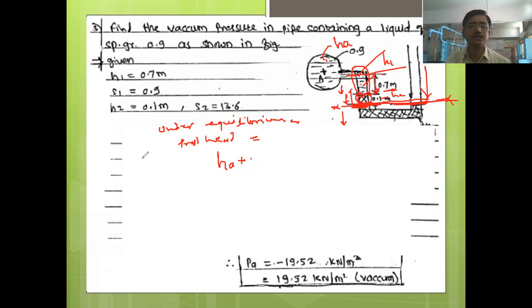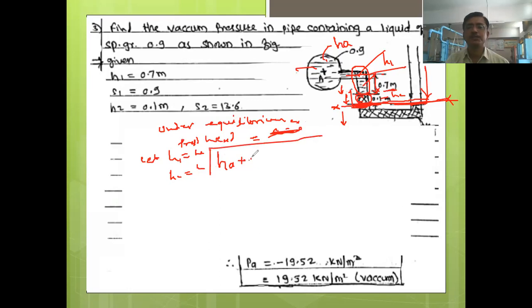You can write here, let h1 be the height of the liquid flowing through the pipe, the lighter liquid, and h2 the height of the manometric fluid. Then s1 and s2 also you can mention there, and then you can use this condition, under equilibrium condition.